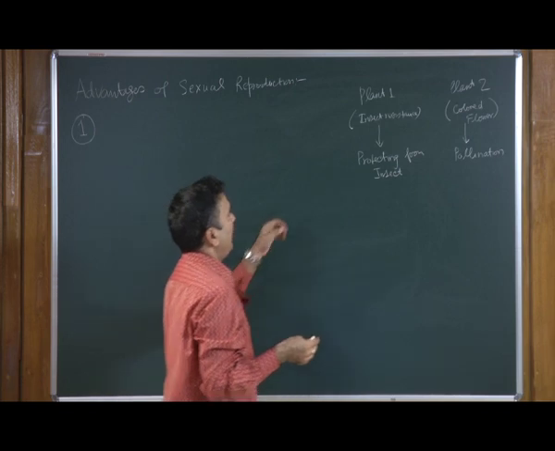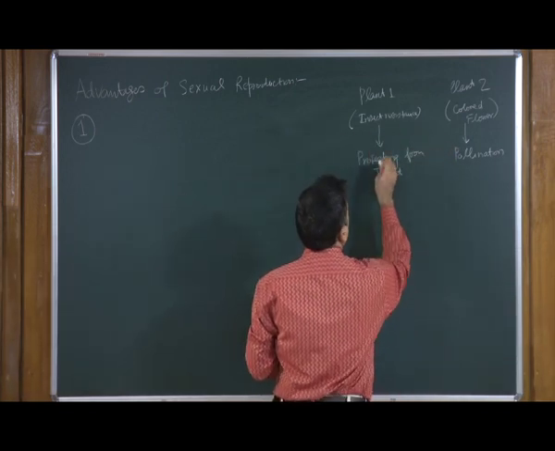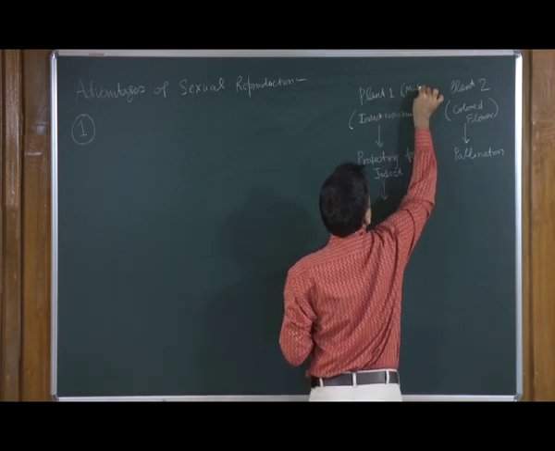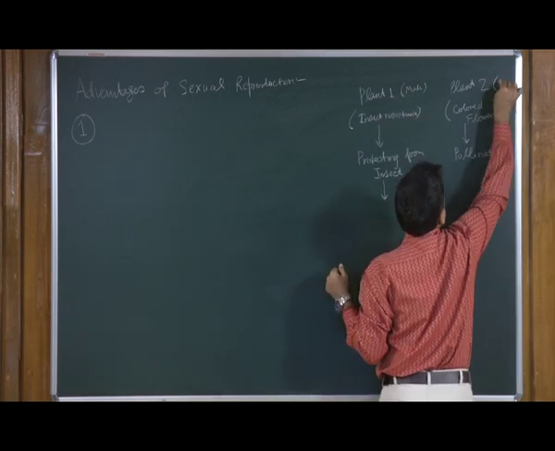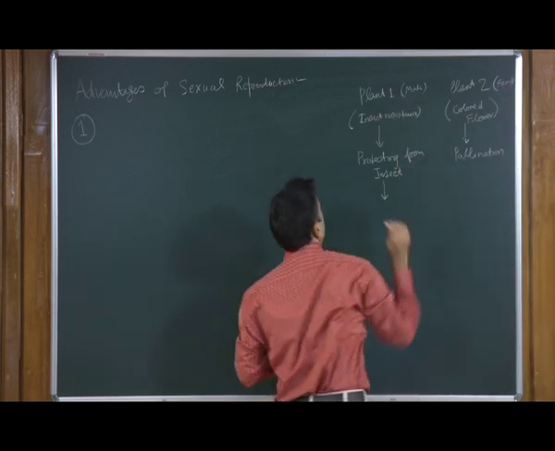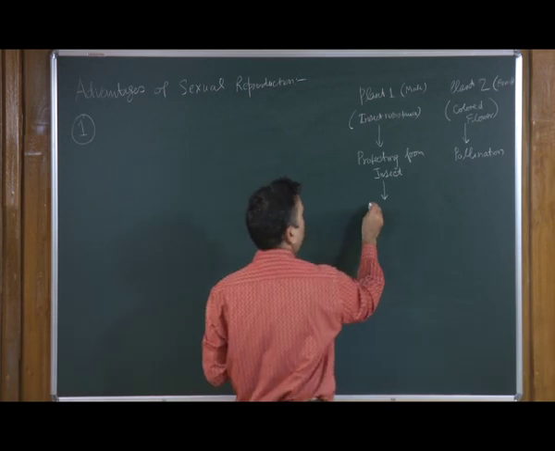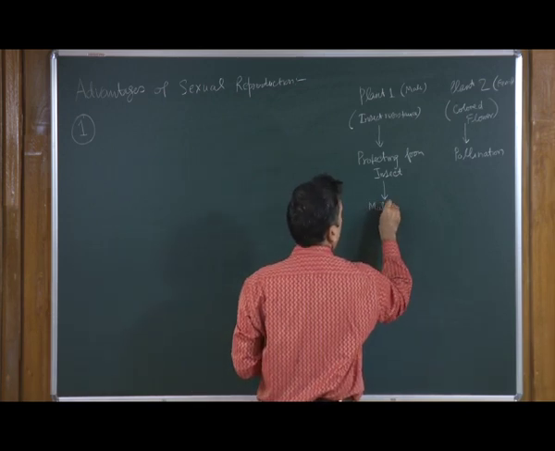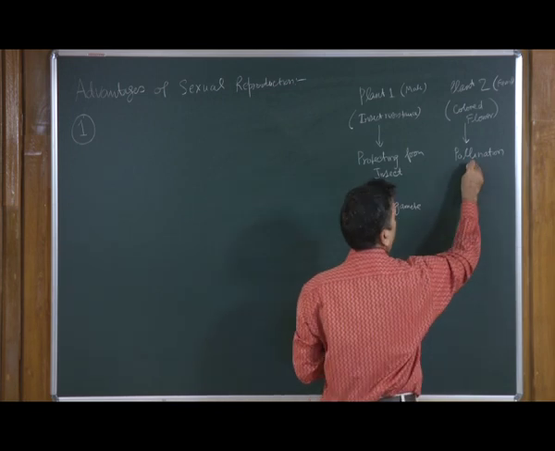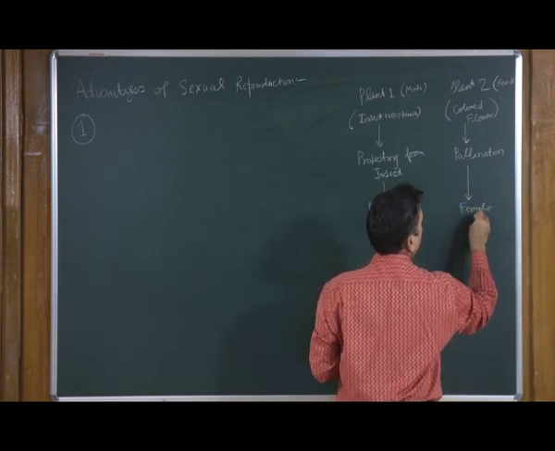Now, suppose plant 1 is male and plant 2 is female. Okay. So, the female individual of plant 2 and the male individual of plant 1 come together. They will form the male gamete, and this one is going to form the female gamete.